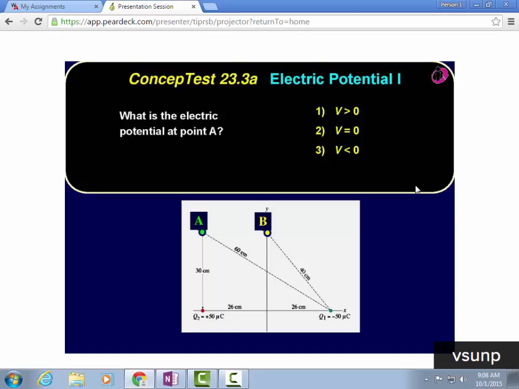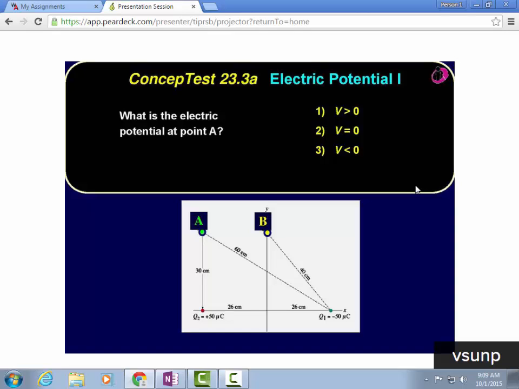All right. What's the electric potential at A? Well, this is gonna be half, which means it's going to be greater than 0 or less than 0?